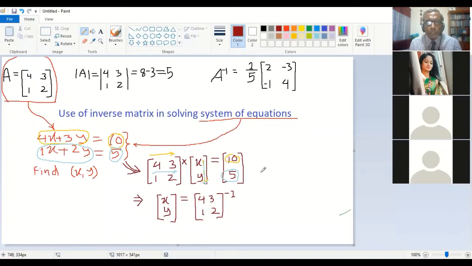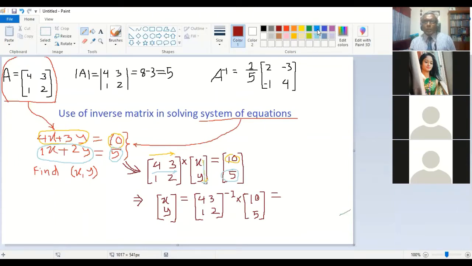It should be compared as 1 divided by something, but it is actually the inverse. And you already have the other matrix on the right side, [10; 5]. So write the matrix 10 and 5, and then do the inverse and the calculation, and the result will come. Okay, you understand what I'm saying?